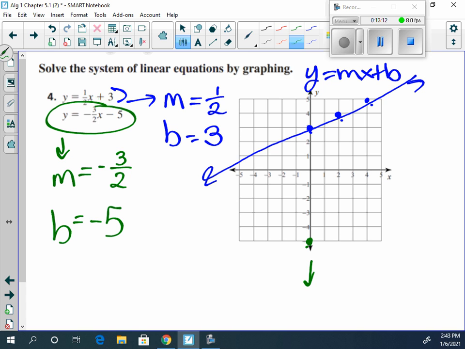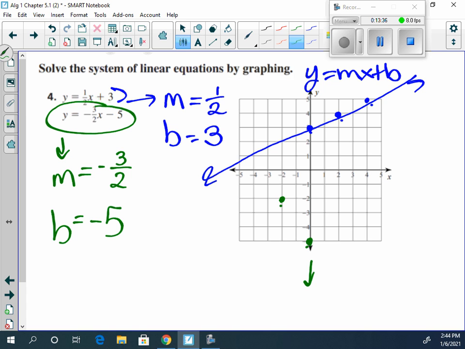I would go up 3, 1, 2, 3, and then would I go 2 to the right or 2 to the left? Left, because left is negative, yes? So I went up positive, and I need to go left to the negative.